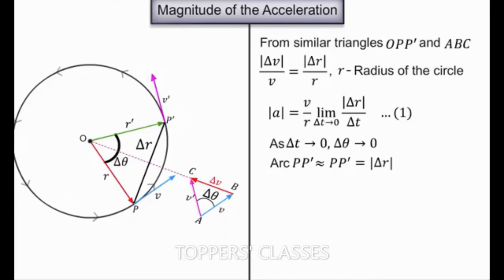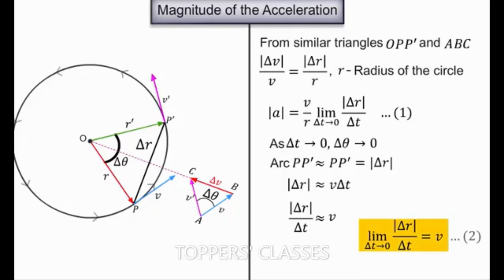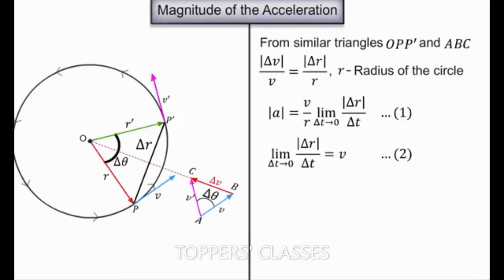This can be written as magnitude of delta r by delta t is approximately equal to v, which implies limit delta t approaches zero magnitude of delta r by delta t is equal to v. Let this be equation 2. Substituting equation 2 in 1 and simplifying, we get a is equal to v square by r. Let this be equation 3.